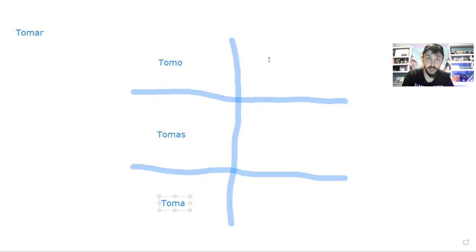And in the plural, first person, you have tomamos, or the nosotros conjugation. And for the rarity of the vosotros and vosotras, you have tomáis. And for the ellos, ellas, y ustedes, you have toman.